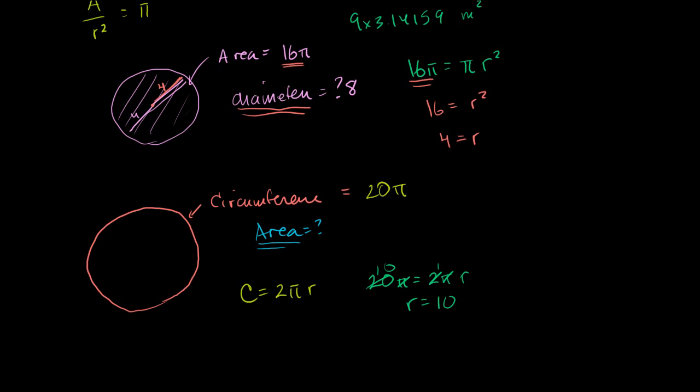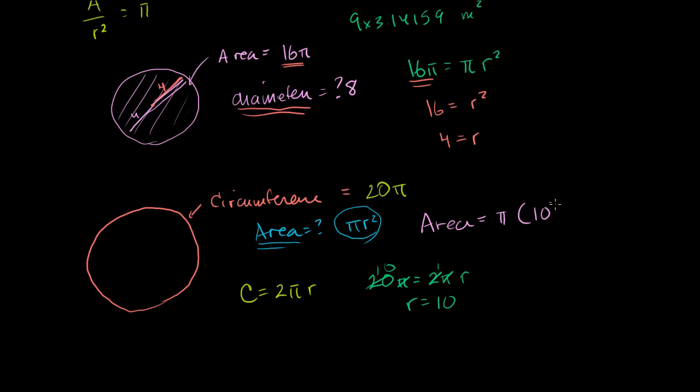Now, we know that the area is equal to pi r squared. And lucky for us, using the circumference, we were able to figure out the radius. Now, using the radius, we can figure out the area. So the area is going to be equal to pi times r squared.